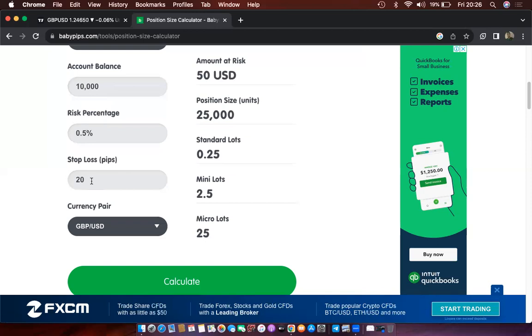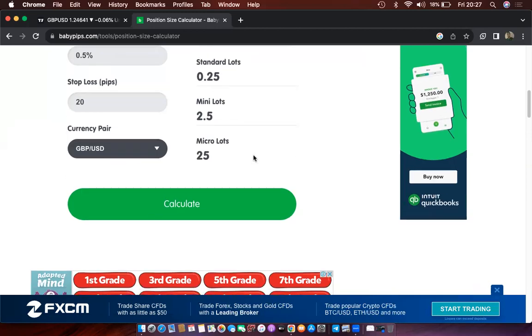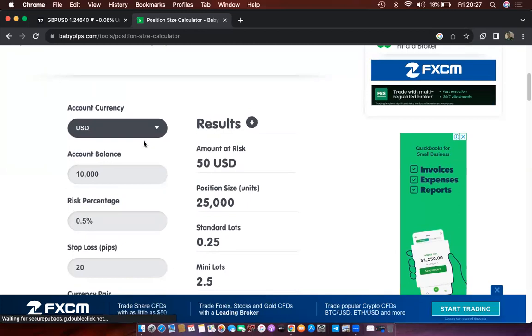And if it hits stop loss at 20 pips, you're going to lose $50. So you can play around with these lot sizes. You can decide to use 0.10, 0.10 twice, then a 0.05. Those are 3 entries. That's how you simply get the lot sizes to use.